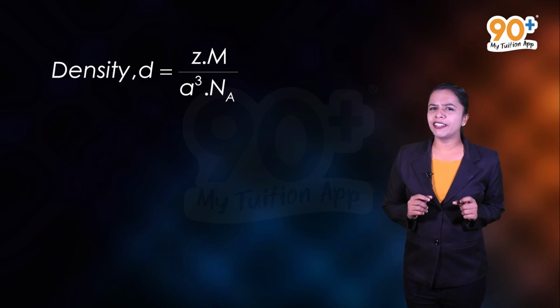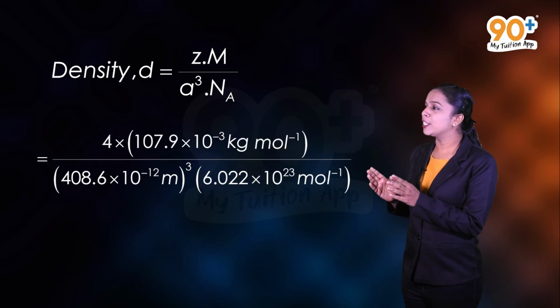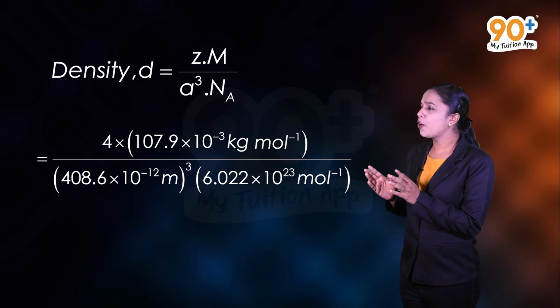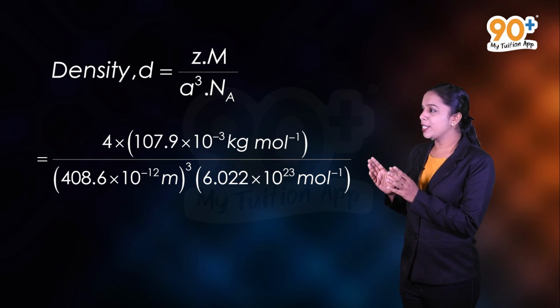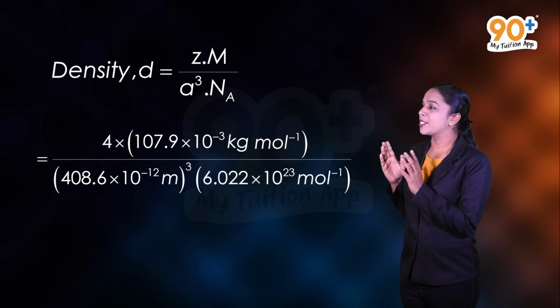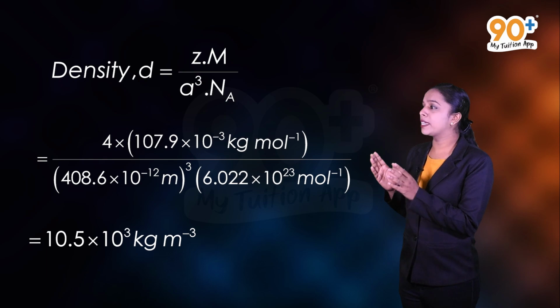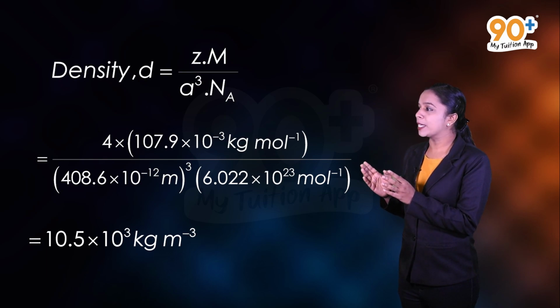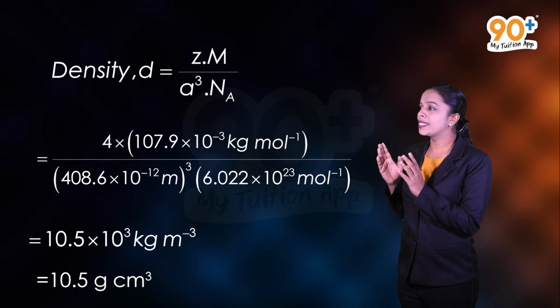Substituting the values, we get 4 into 107.9 into 10 raised to minus 3 kilogram mole raised to minus 1 divided by 408.6 into 10 raised to minus 12 meter the whole cube into 6.022 into 10 raised to 23 mole raised to minus 1. That is equal to 10.5 into 10 raised to 3 kilogram meter raised to minus 3, that is equal to 10.5 gram per centimeter cube.